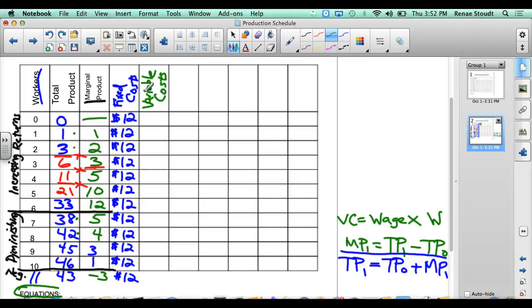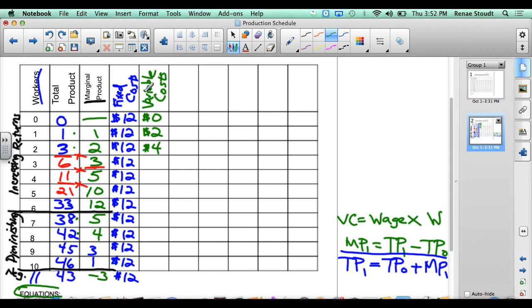So at 0 workers, we're obviously paying 0 in variable costs because we don't have any workers. At 1 worker, we're multiplying 2 times 1 to get 2. At 2 workers, we're multiplying 2, because that's our wage, times 2, the number of workers, to get 4.